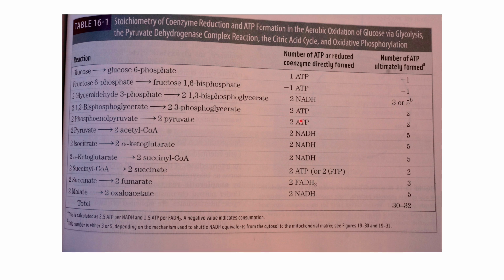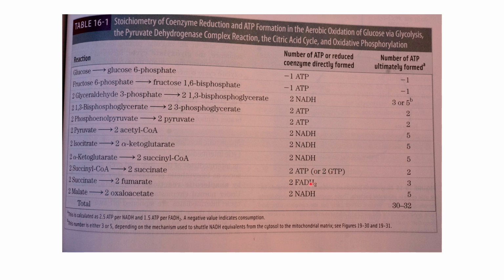You generate 2 ATPs from phosphoenolpyruvate to pyruvate. You generate 2 NADHs from pyruvate to acetyl-CoA, 2 from isocitrate to alpha-ketoglutarate, 2 from alpha-ketoglutarate to succinyl-CoA, and you get 2 ATPs from succinyl-CoA to 2 succinate, or 2 GTPs.